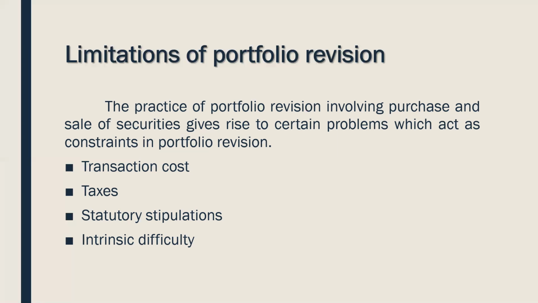So there is this intrinsic difficulty, that is this difficulty of carrying out portfolio revision, of deciding when to buy, how much to buy, what to buy. All this is a bit tough for an average investor. So these are the main limitations or constraints of portfolio revision: the transaction cost, taxes, statutory stipulations, and intrinsic difficulty.